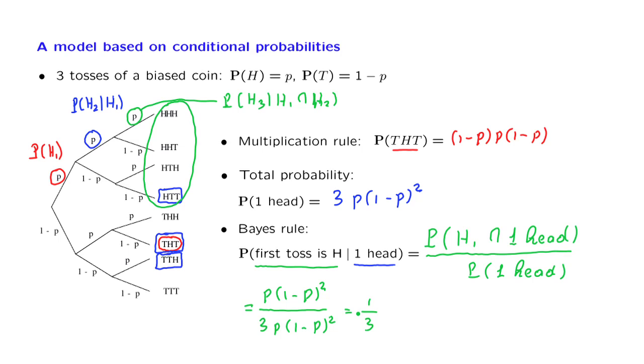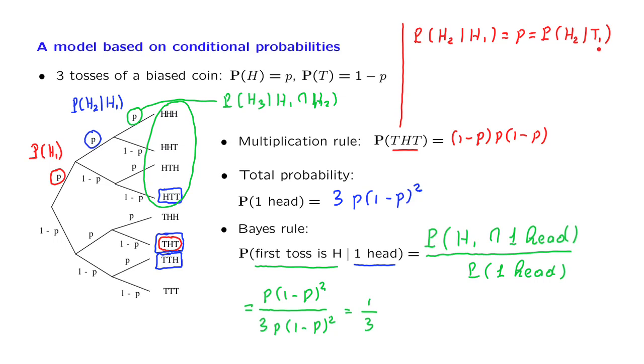Let me now make a few comments about this particular example. This particular example is pretty special in the following respect. The probability of H2, heads in the second toss, given that the first one was heads, is equal to p, and the same is true for the conditional probability of heads in the second toss, given that the first one was tails.